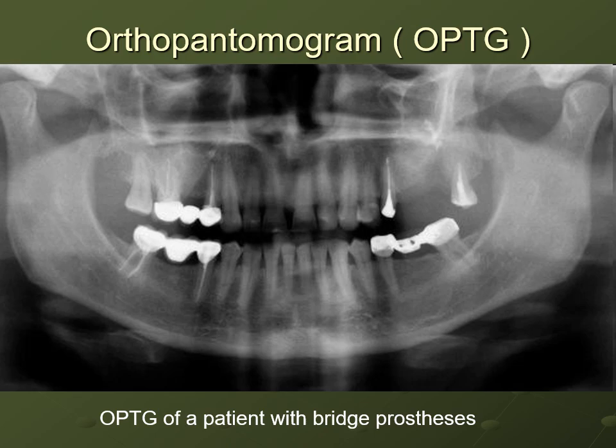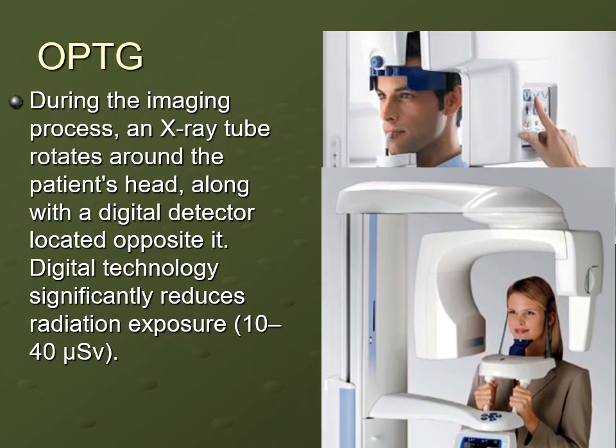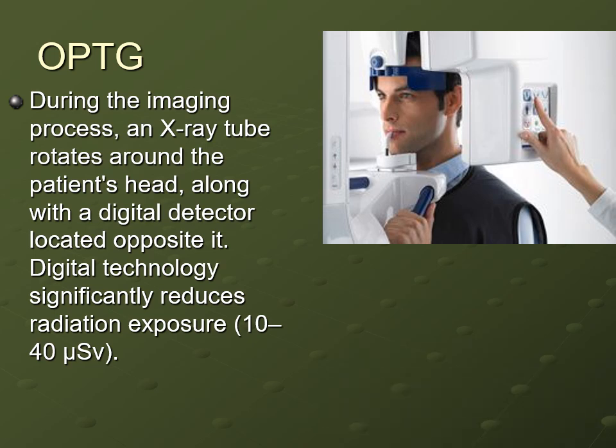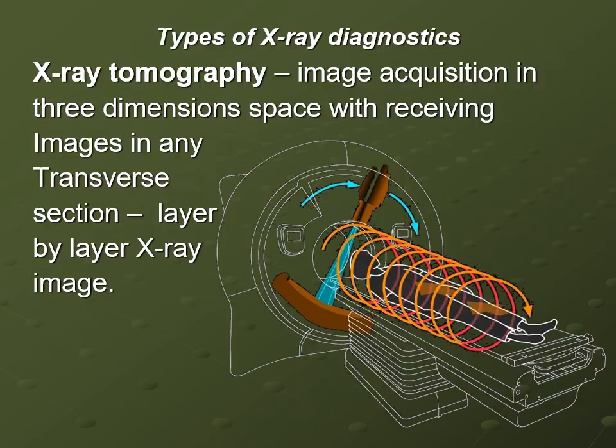The next question we have can be singled out separately. It will be interesting for students of the Faculty of Dentistry. This is an orthopantomogram. In this case, it receives an X-ray image of the upper and lower jaw immediately, and at the same time, the X-ray tube and also the detector, which is located on the other side, rotate, while a digital image is formed.